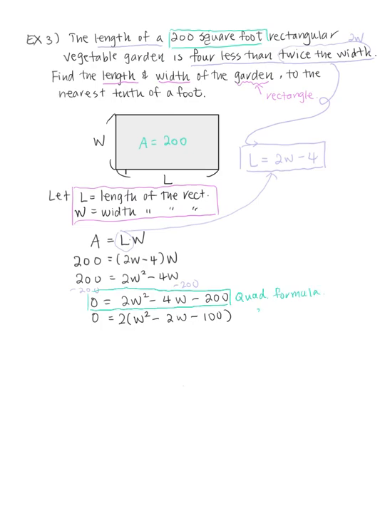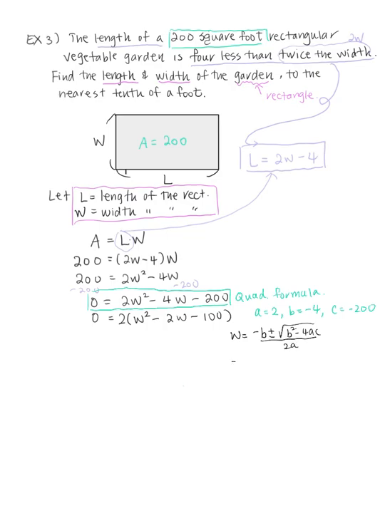In this case, our A is 2, B is minus 4, and C is minus 200. So we're going to have W equals, instead of an X we have a W, minus B plus or minus the square root of B squared minus 4AC, whole thing divided by 2A.